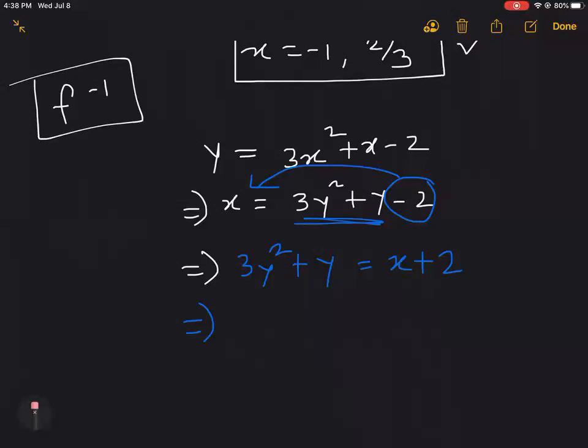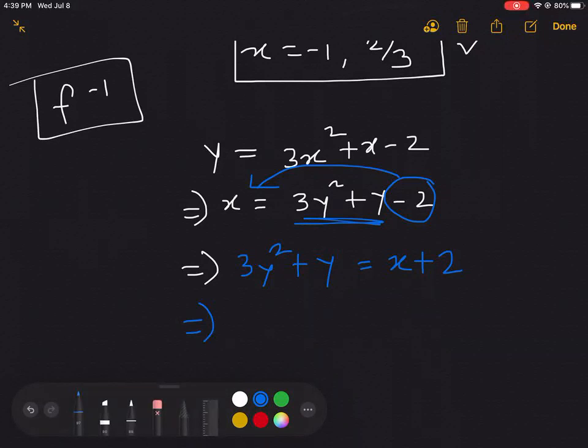So x plus 2, and here I have it for y. Okay. So let me see, what can you do?